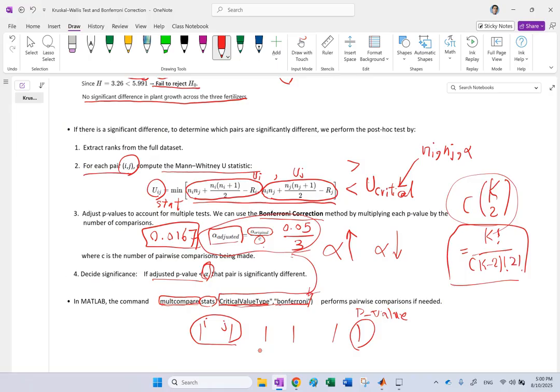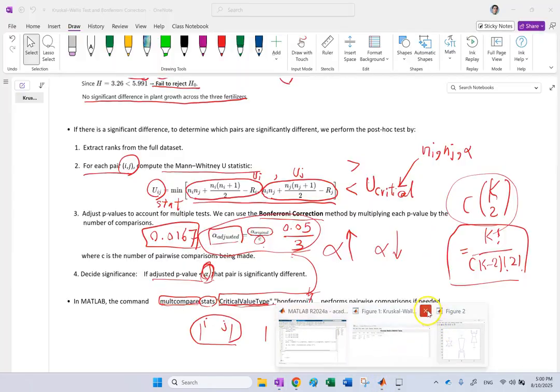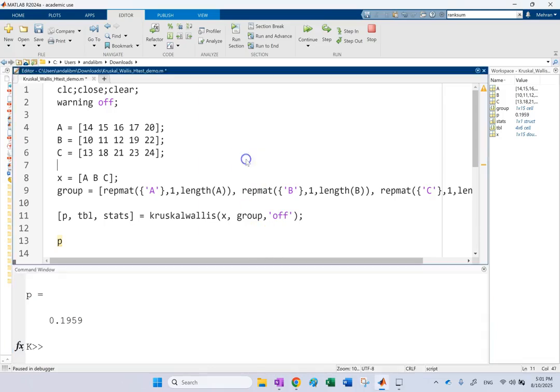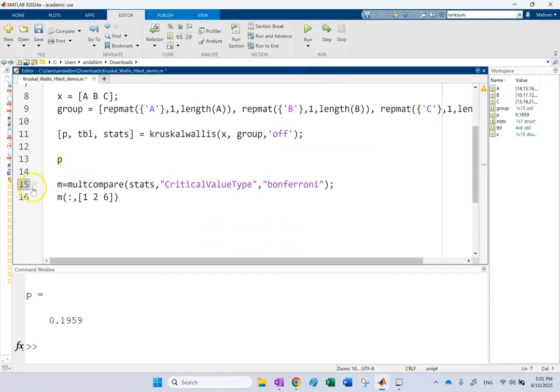So when you make the final conclusion, you compare these p-values, the last column of this result, against your original alpha. You don't need to compare against the modified alpha. Now, in the case of this problem here, because they were not significantly different to begin with, if I go ahead and do a multiple comparison, of course none of the groups should be different from each other because they were not even significant to begin with.